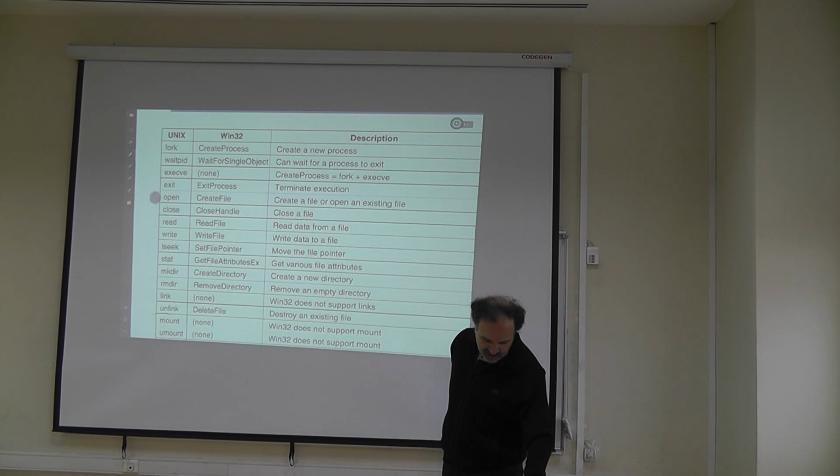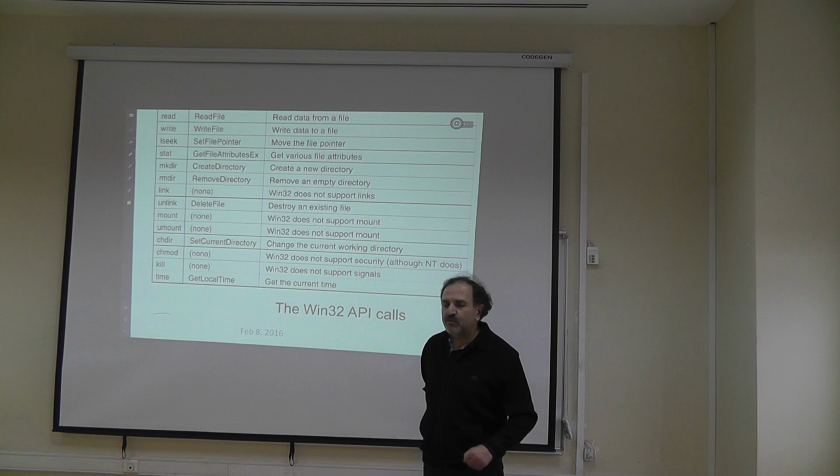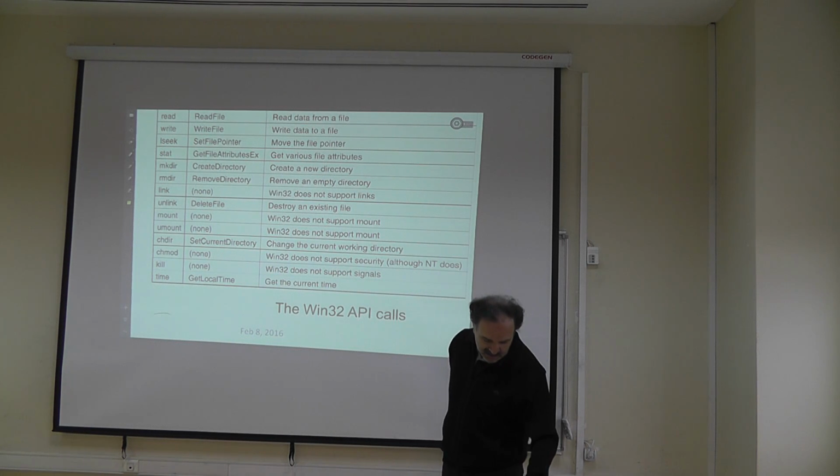And we have open, close, read, write, seek, stat, making directories. There is no directly supported link from the operating system. There are links in Windows, but they are not directly supported by the operating system kernel. For unlink, I have DeleteFile. Mounting, unmounting, we don't have it.